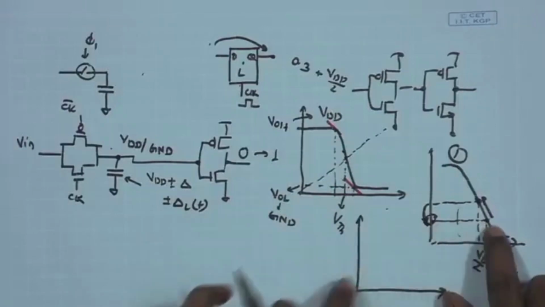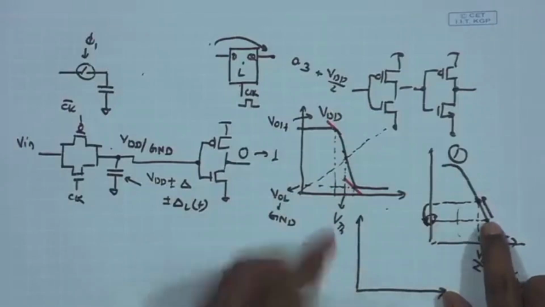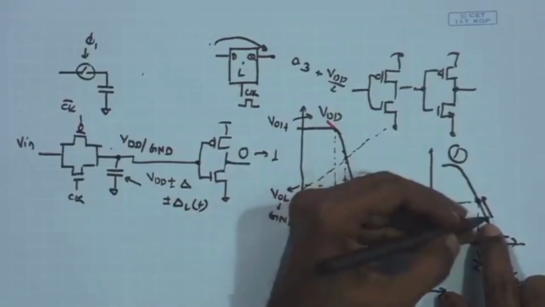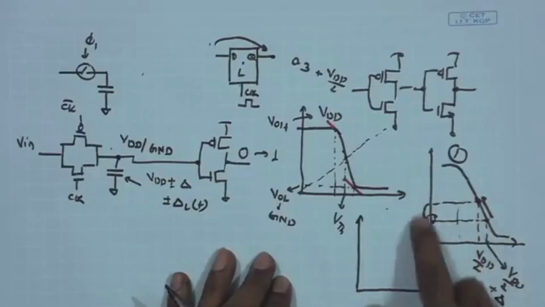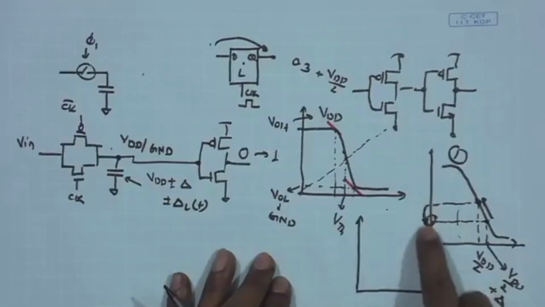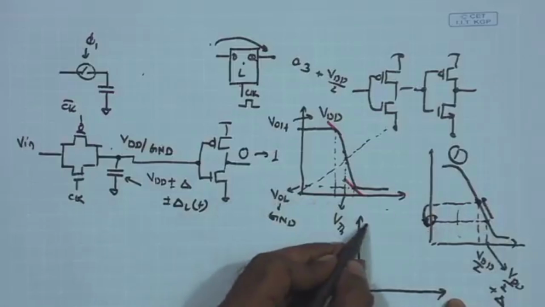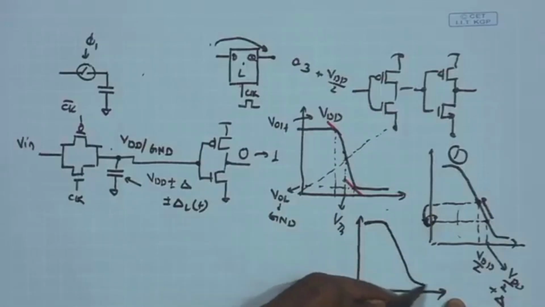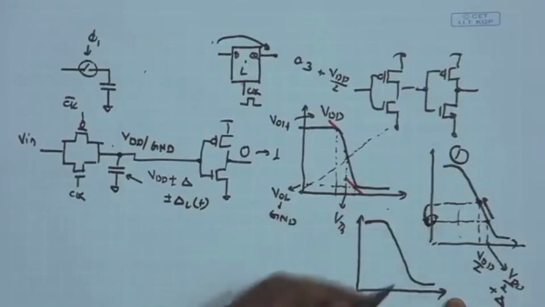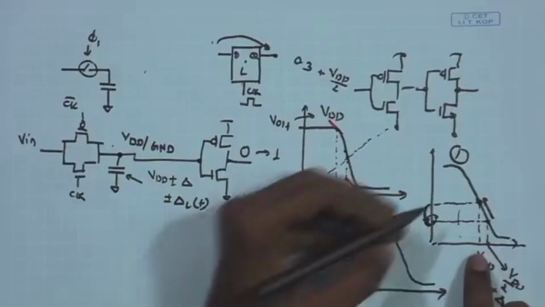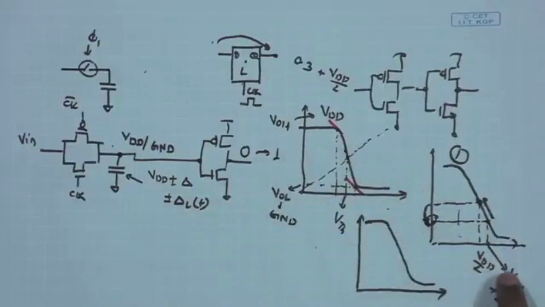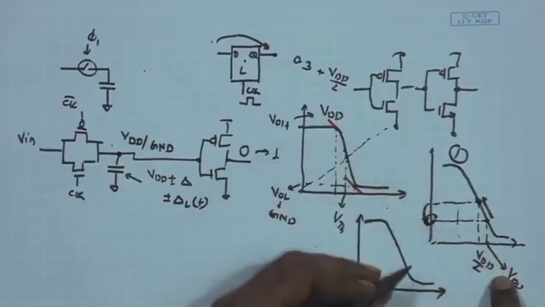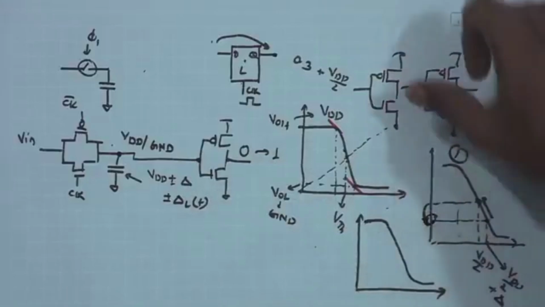So, now if it is in this region, then we can say that because of the gain of this slope, the output point of the first inverter will be further lower than the V out equal to V in point. As a result, for the second inverter, if I draw the characteristics, the input to that is going to be further lowered.